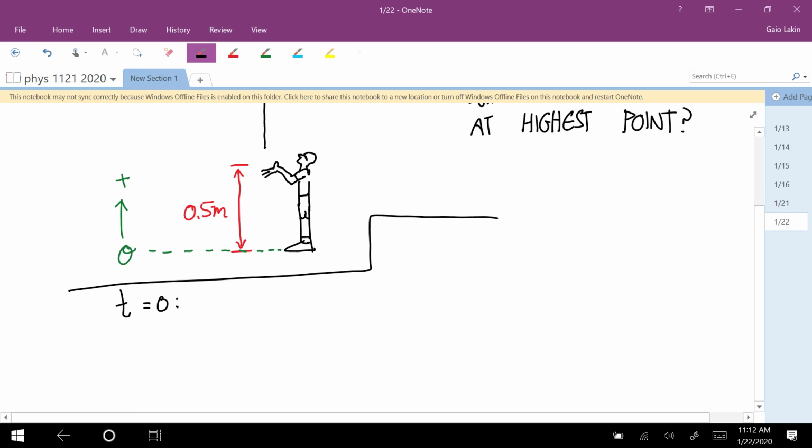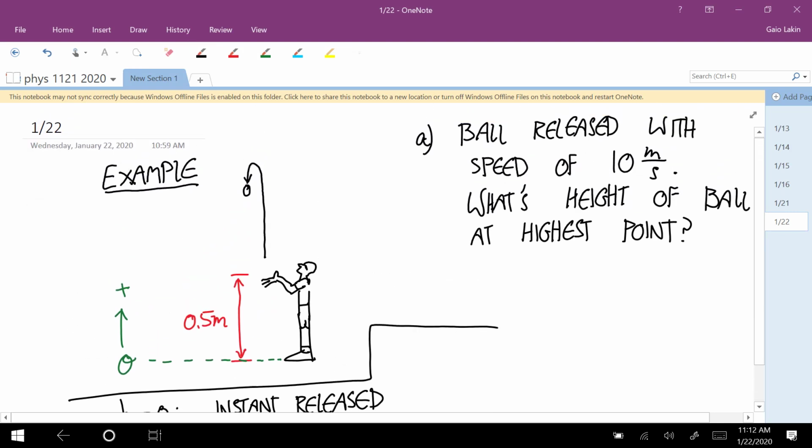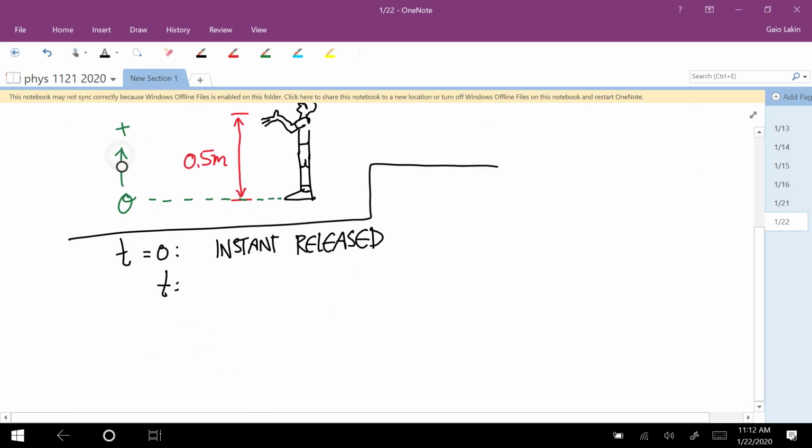So we want time equals 0 to be the instant that it's released. And then the time t that we're going to look at is going to be when it reaches the highest point. So that's the instant it reaches the highest point. And the reason we have to choose that one is because that's the instant when we're trying to calculate something.